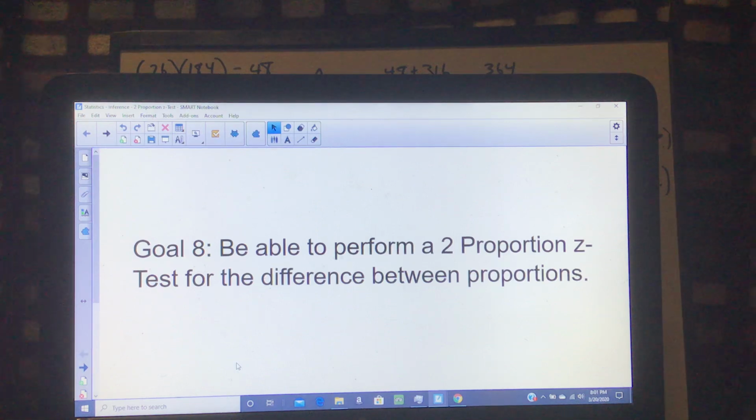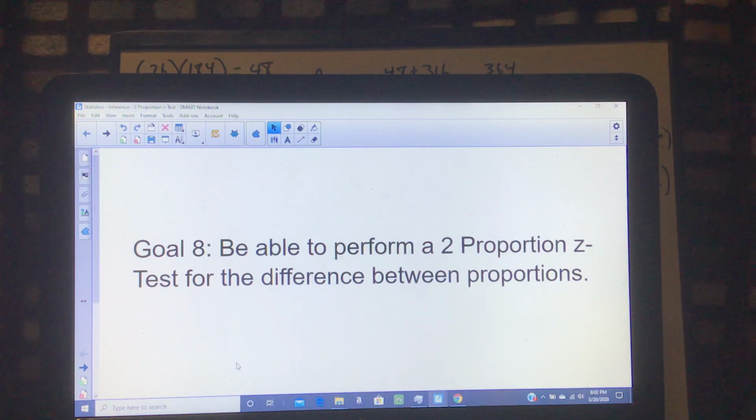The goal of this video is to look at goal 8, which is how to perform a two-proportion z-test for the difference between proportions. In the last video, we talked about the two-proportion z-interval. In the two-proportion z-interval, basically what you did was you took two samples and found the difference between them.